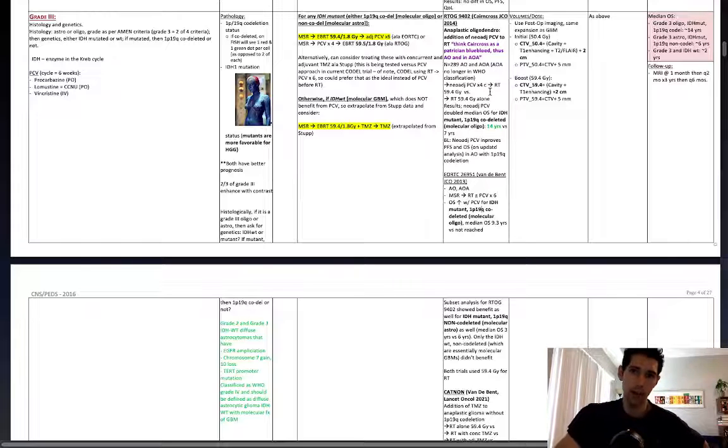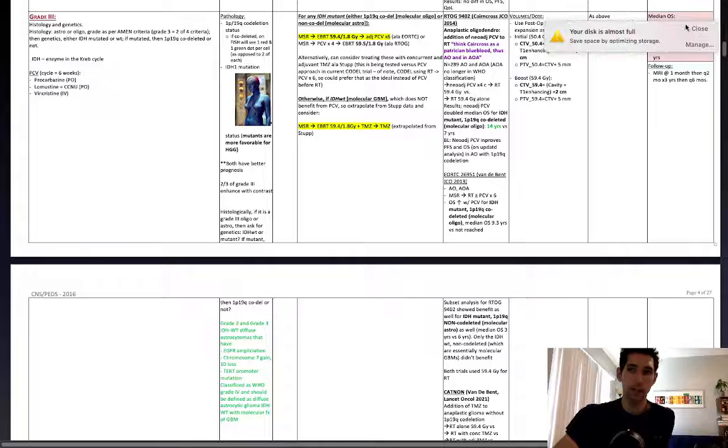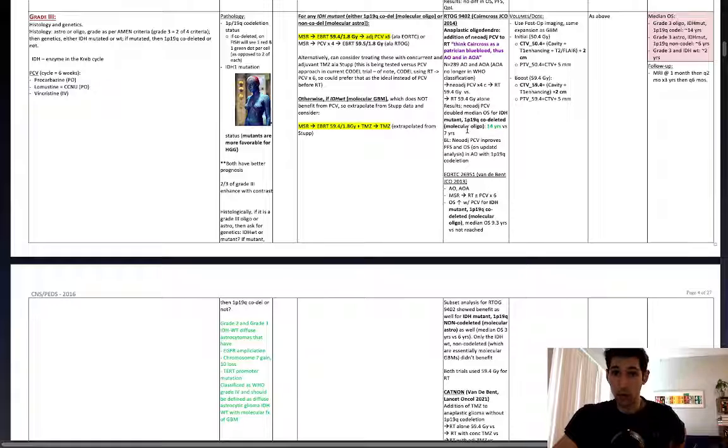AOA is no longer in the WHO classification. These patients receive neoadjuvant PCV times 4, followed by radiation of 59.4 gray, versus radiation up front, 59.4 gray alone. So again, neoadjuvant PCV times 4 followed by 59.4 radiation versus 59.4 radiation alone for AOs, anaplastic oligodendrogliomas, and anaplastic oligoastrocytomas.